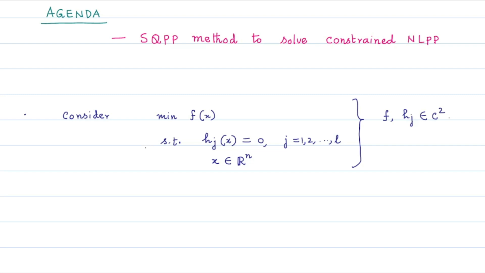At first, let me derive the sequential quadratic programming approach to solve this equality constrained problem, and the extension to include inequality constraints is motivated by the analysis of the equality constrained problem and will be considered subsequently. Let us denote this problem as capital P.